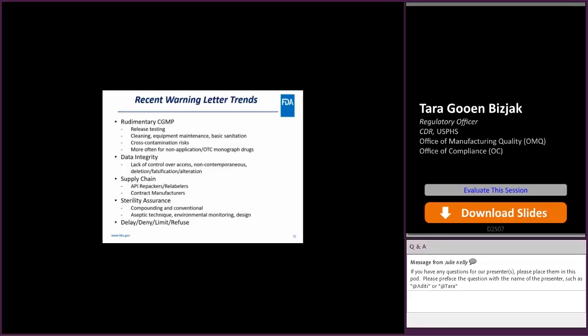For example, release testing, not performing it. Also in-process testing and raw material testing as well. So we're seeing cleaning, equipment maintenance, basic sanitation issues, and cross-contamination risks. These are more often than not for the non-application or OTC monograph drugs.